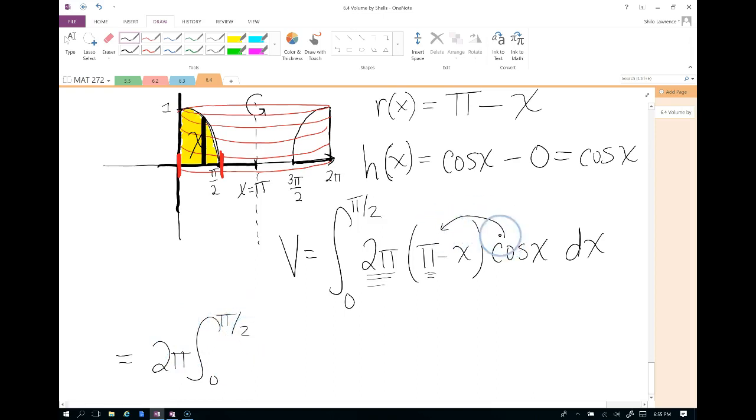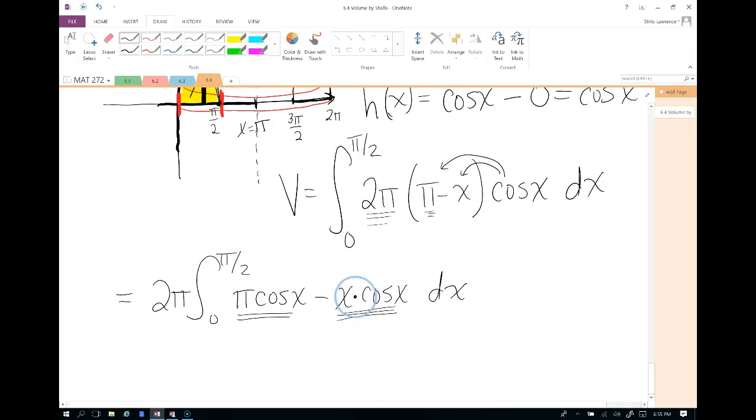So if I distribute, this is pi times the cosine of x minus x times the cosine of x. Now the first piece I could integrate, because pi is just a number, we just want the antiderivative of cosine, which is sine. It's the second term here that's a problem.